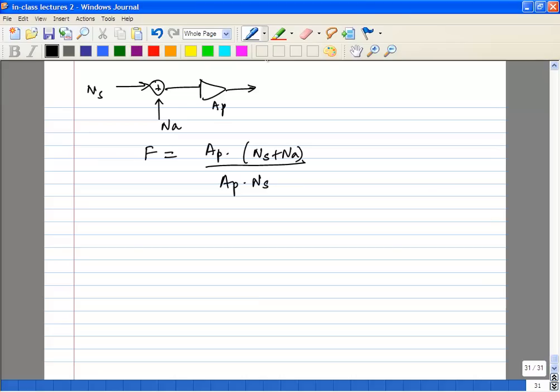That's pretty straightforward. This is 1 plus NA over NS. NA is the input referred noise of the amplifier which is added to the system, NS is the noise of the source, and AP is the available power gain.